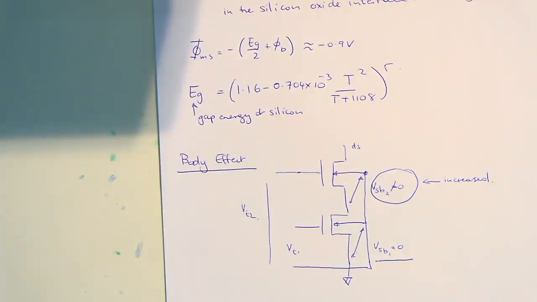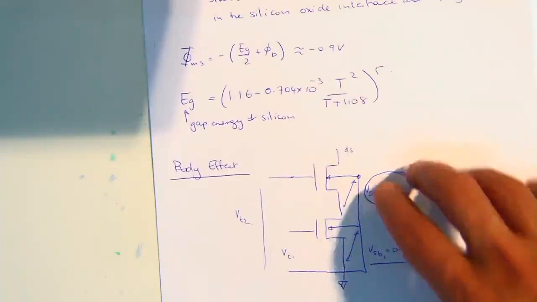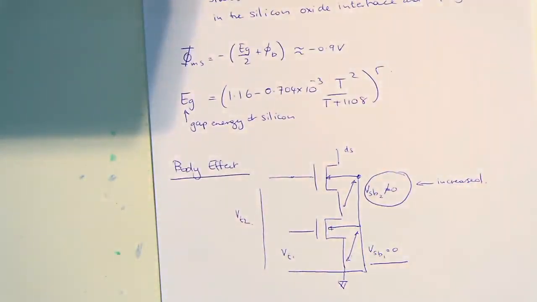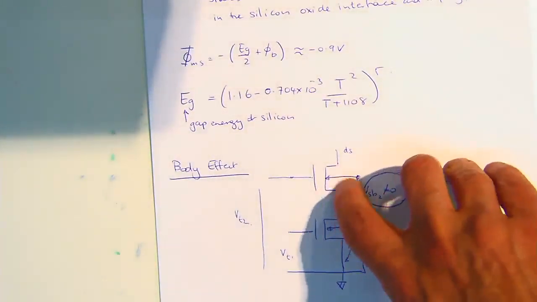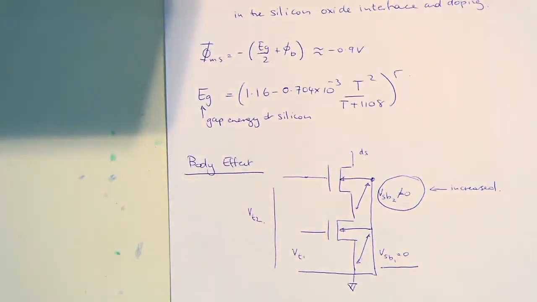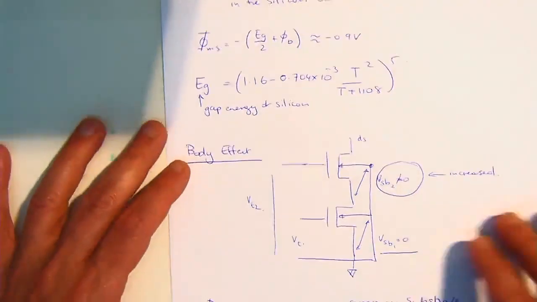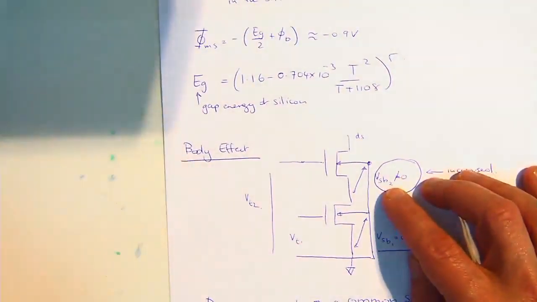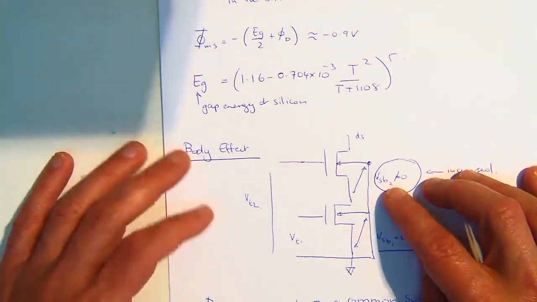And just to avoid writing VSS, I've written it as base. So the source to base voltage, if it's non-zero, affects the threshold voltage. And as the VSB increases, the threshold voltage increases.